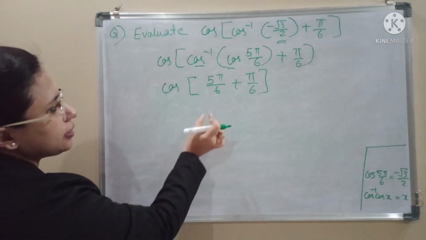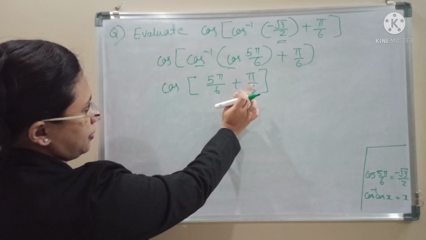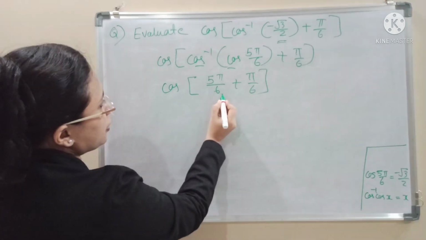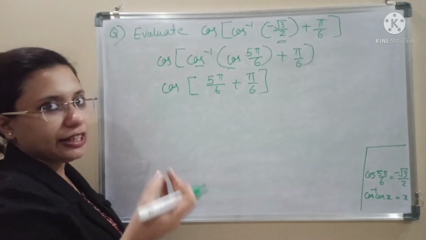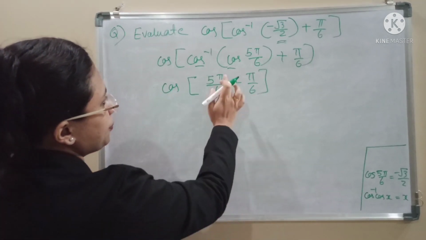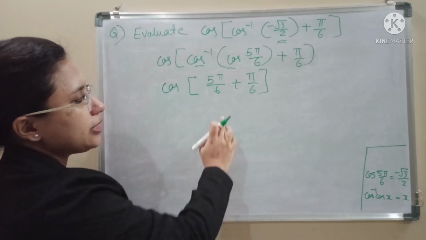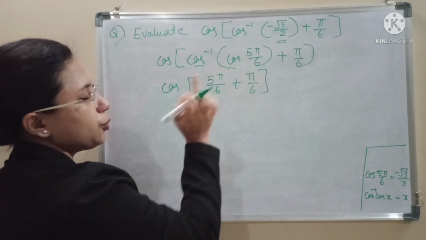Clear? So since both the denominators are the same, we can add these together. If both denominators are the same, for addition or subtraction, we can do it, no problem. Since here it is addition, just add both the numerators.